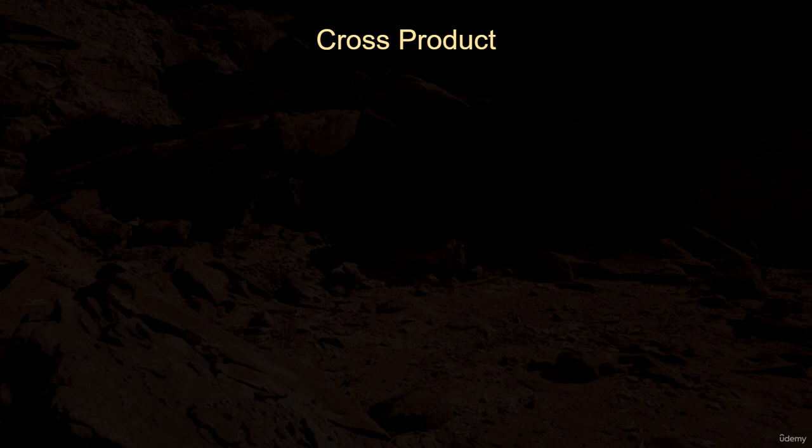A cross product is an operation on two vectors, much like the dot product. But where the dot product returns a scalar, the cross product returns a vector. Here's how it's defined.